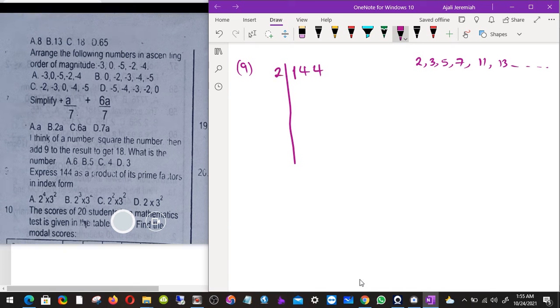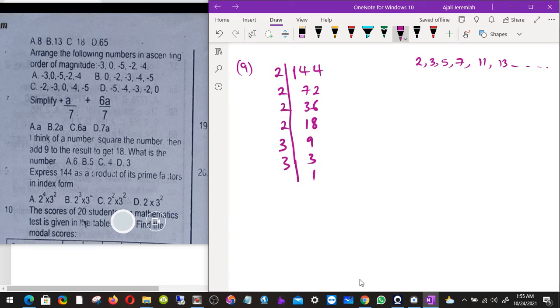So 2 can go into 144, that gives us 72. 2 again, that gives us 36. 2 again, that gives us 18. 2 again, that gives us 9. Then 3 now, because 2 can't go again, that gives us 3 and 3, and that gives us 1.